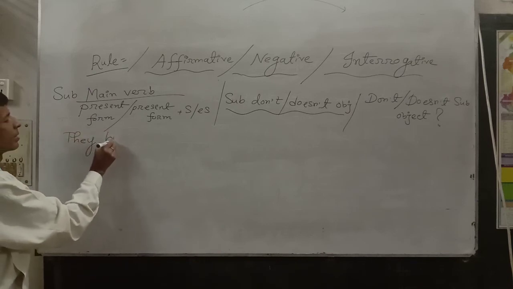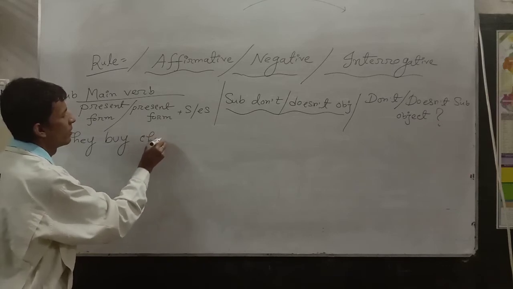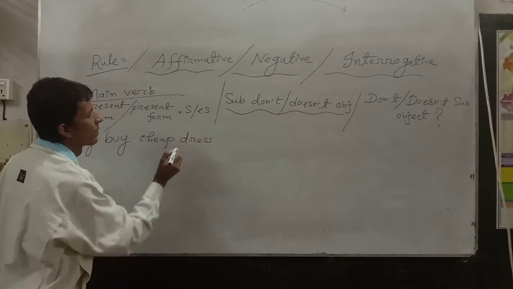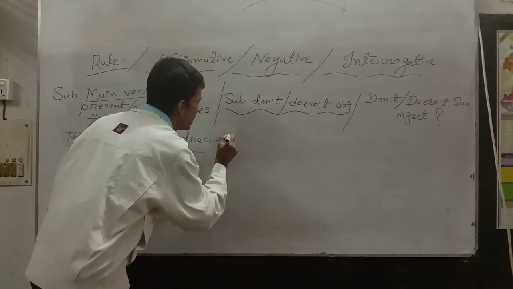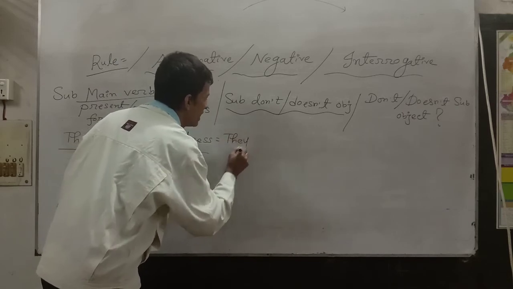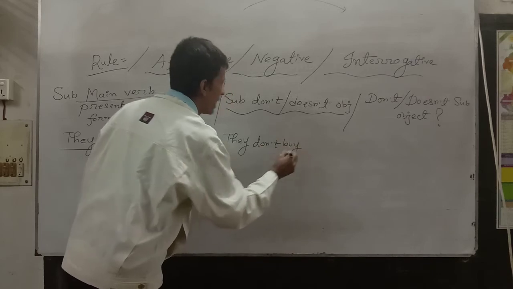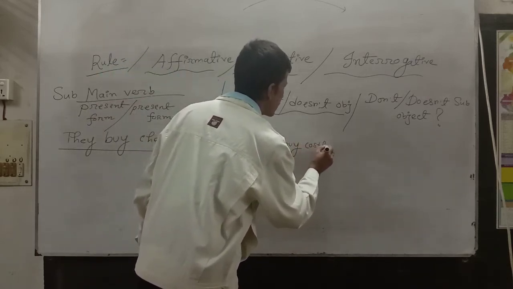They buy cheap dress. This kind of affirmative sentence will be written in the negative form by writing they don't buy. Cheap dress will be transferred into costly dress.